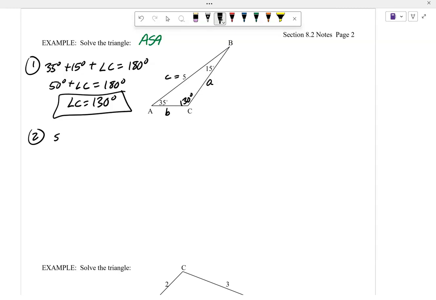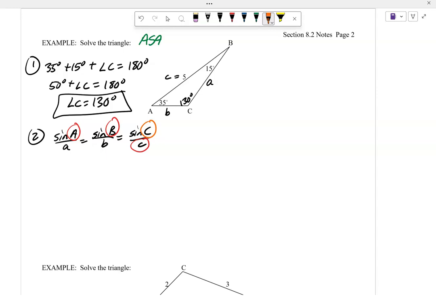Number two. Notice we were given initially side length C, we were given angle A, and we were given angle B, right? But we did solve for angle C, right?